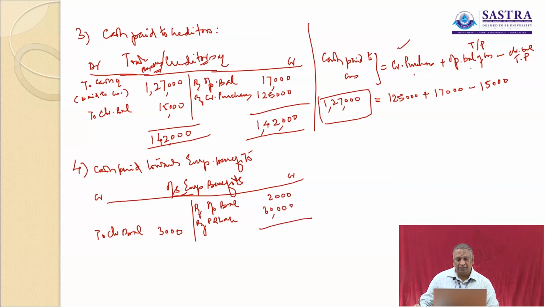So by closing the ledger, you get the amount of cash paid to cash account, 29,000. So this is your balancing figure.